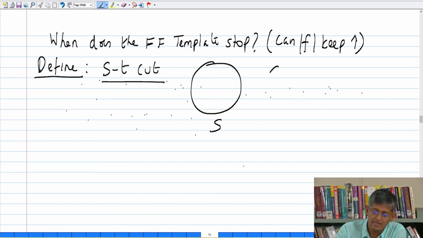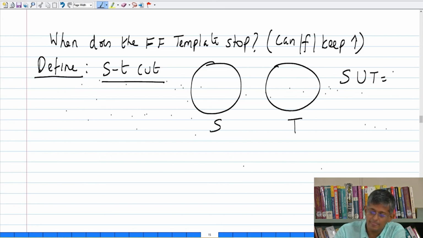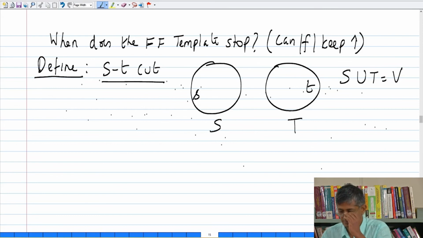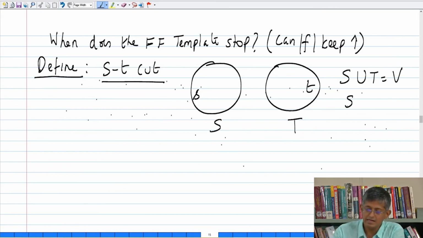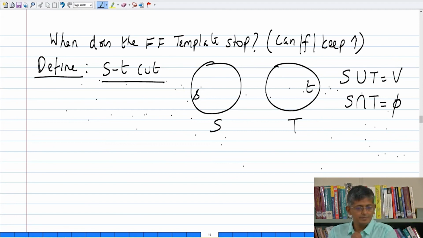One part is called S, the other part is called T. S union T is equal to V. The source small s is present in S and the terminus t is present in T. And S intersection T is empty. This is what is called an ST cut. It's just a partition of the vertex set into two parts. One part should contain s and the other part should contain t.